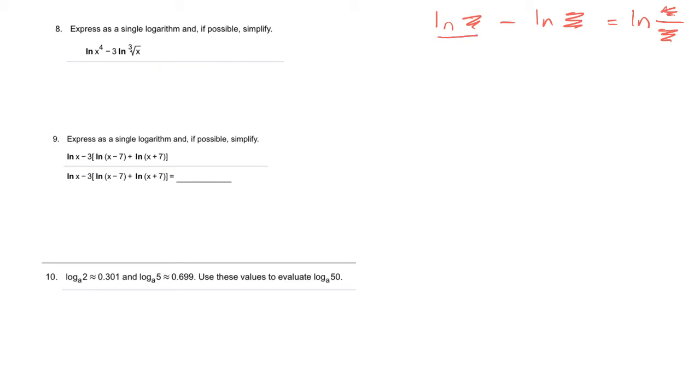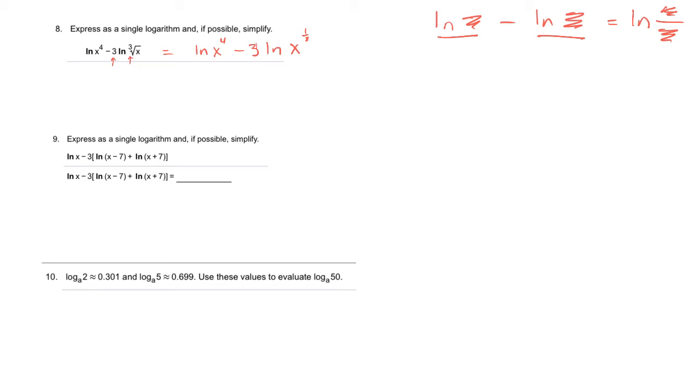But I have to have these things looking like that. So the cube root bothers me, and this 3 in front bothers me. Let's start with the cube root. So this will be ln of x to the 4th minus 3 ln of x to the 1/3. Okay, cube root changed to 1/3.